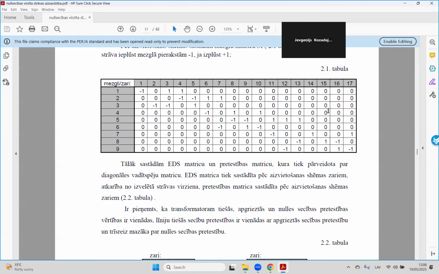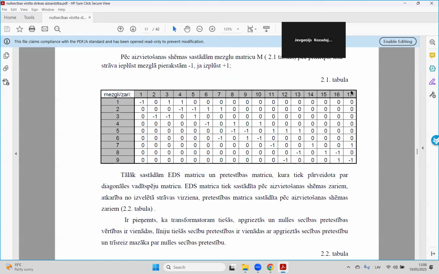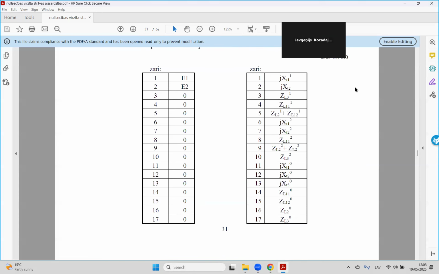Come back to the scheme. We have electromotive force only for two branches, number 1 and number 2. Only two units, yes? And the same in this matrix: first and second branch electromotive forces, all others are 0.